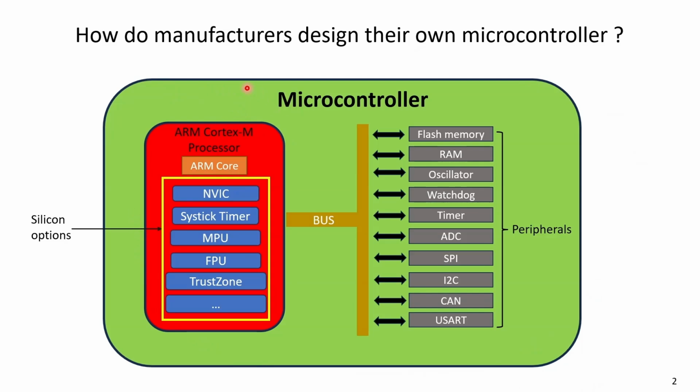So to determine which silicon options have been included in a particular ARM CPU, please refer to the manufacturer datasheet and related documentation to know more detail about the architecture of the processor that the manufacturer designed.